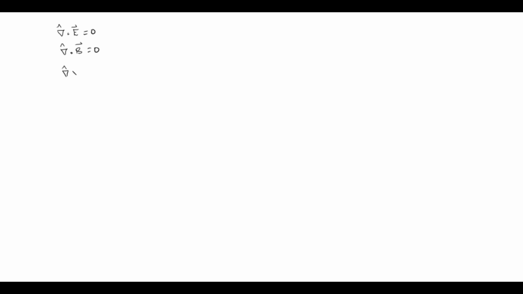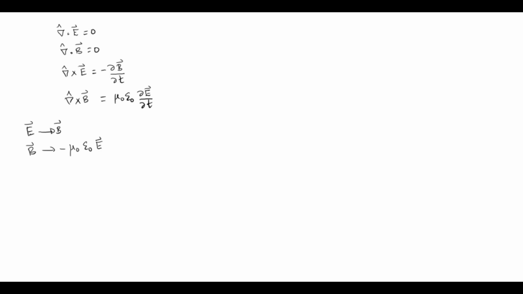So curl of this E vector is equal to minus partial derivative of B with respect to t. Curl of B vector is equal to mu naught epsilon 0 partial derivative of E with respect to t. When I choose E to be B and B as minus mu naught epsilon 0 E vector, now the above said Maxwell's equation எப்படி இருக்கும்?